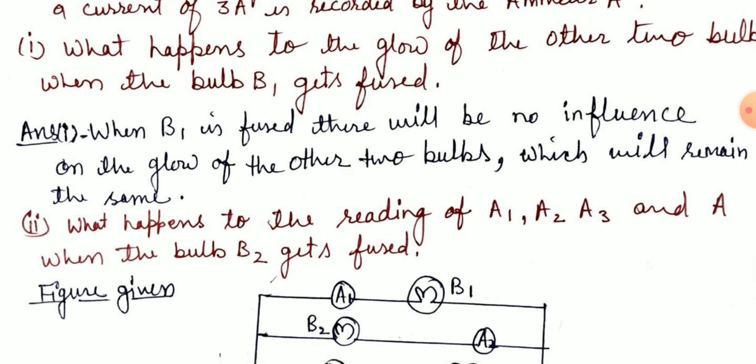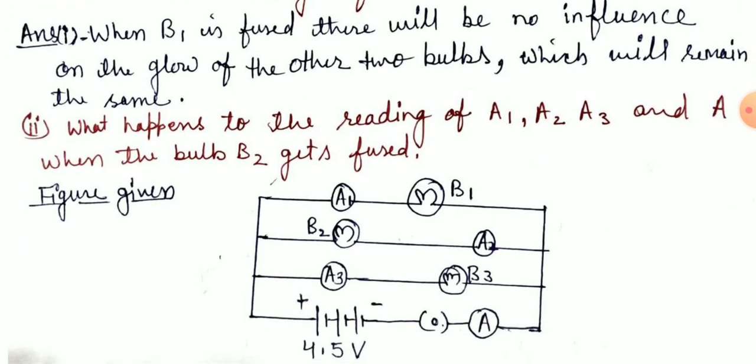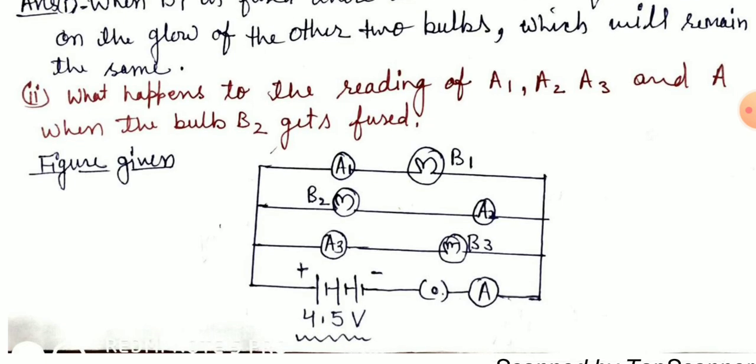So your answer will be, when B1 is fused, there will be no influence on the glow of the other 2 bulbs, which will remain the same. This is the diagram you have to give in the question figure.